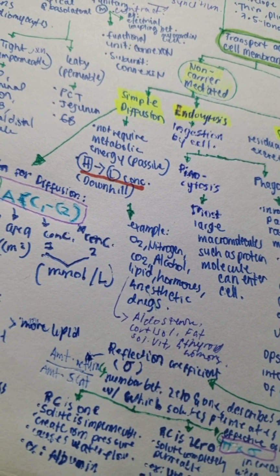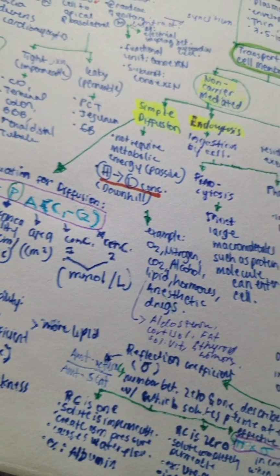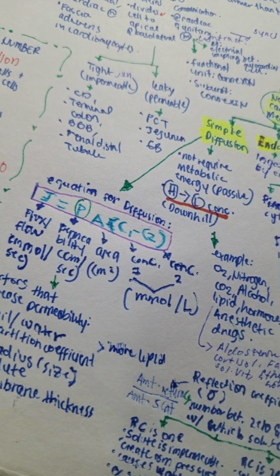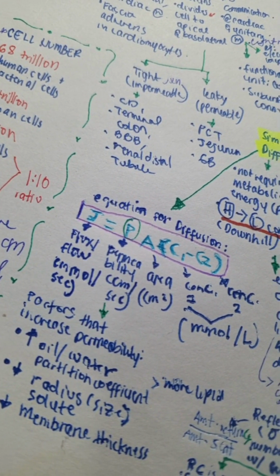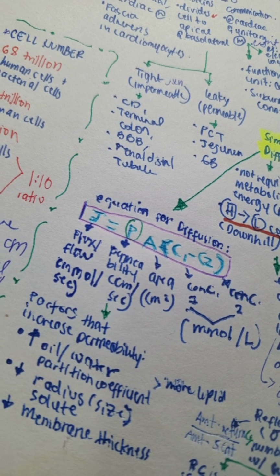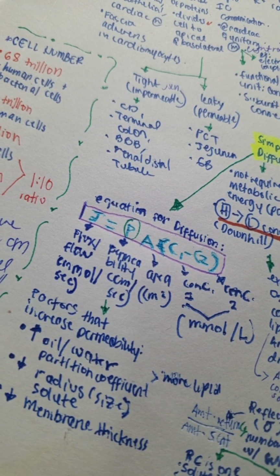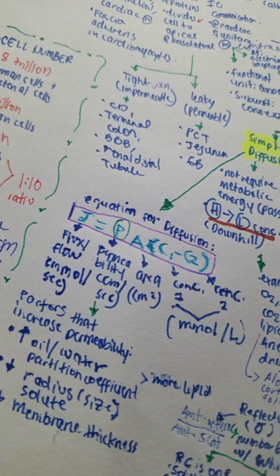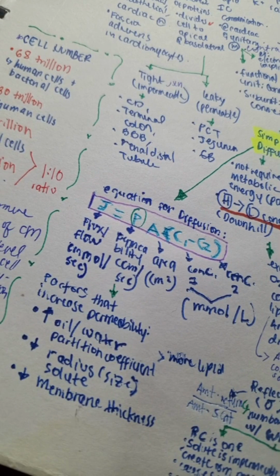These substances use simple diffusion, and simple diffusion has an equation, which is this one: the flow is equal to the permeability times the area, times the concentration 1 minus concentration 2, in moles per liter.